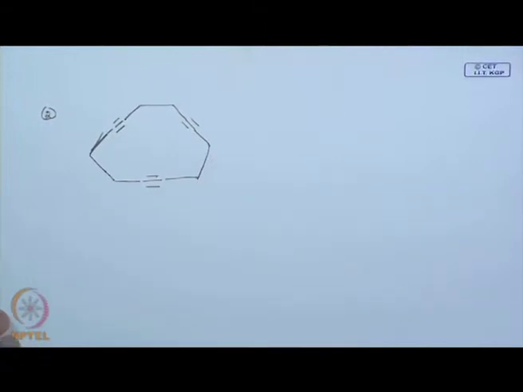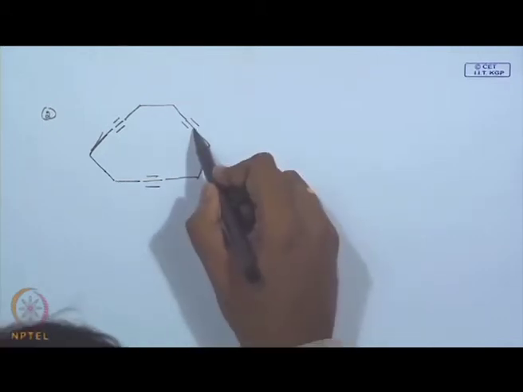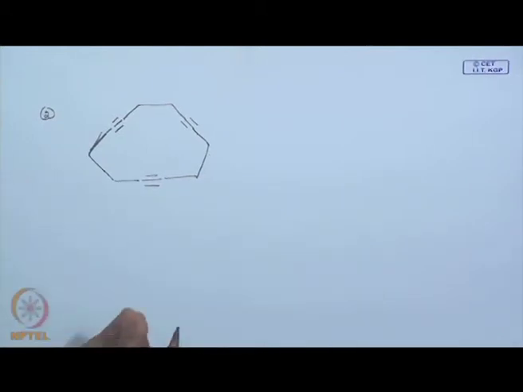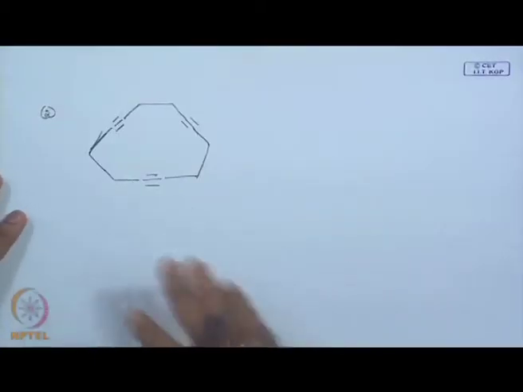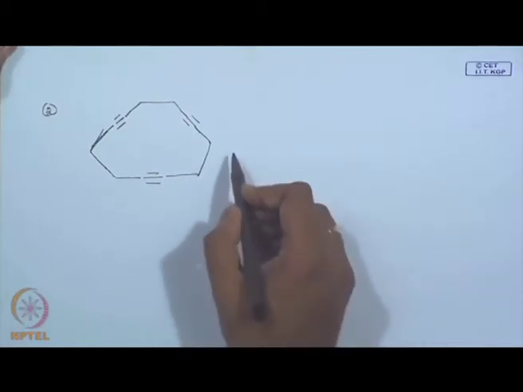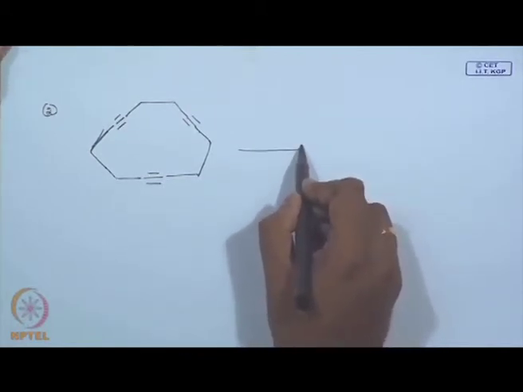Okay, I am taking this. Once you see the system, don't get really frightened. Just see the system, concentrate on your pi electrons. Because most of the time when you are talking about pericyclic reactions, just concentrate on your pi electrons, then decide. Don't think this system is hard. Just see your pi electrons, and then you understand this.